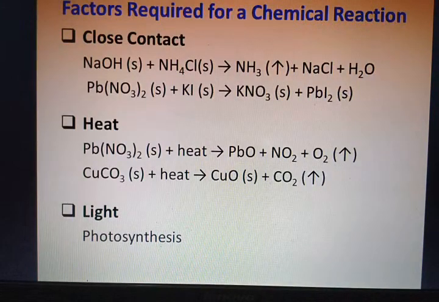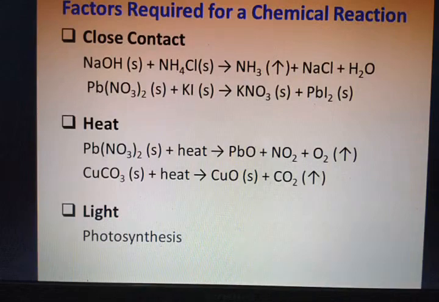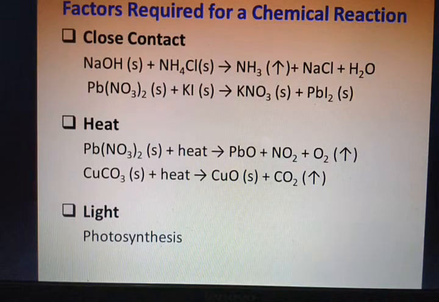Until we heat those two reactants, or a single substance, the reaction will not take place until heat is supplied. So heat plays a very crucial role in bringing about a chemical reaction.